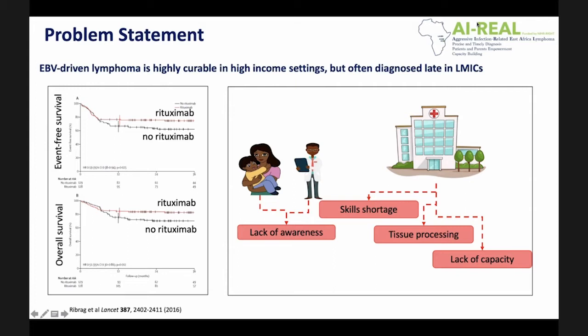And that's because of a variety of reasons, not least due to the fact that there's a shortage of surgeons who can take biopsies or other skilled personnel who can take biopsies, and tissue processing in terms of high quality pathology preparations, and also the presence of pathologists with an interest in lymphomas.